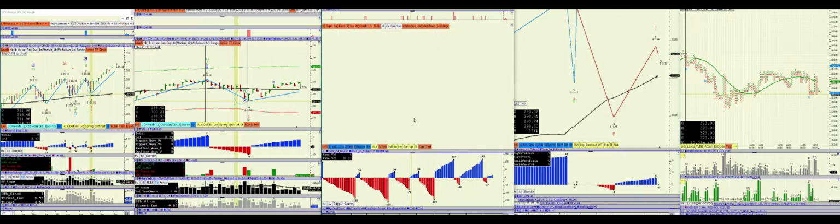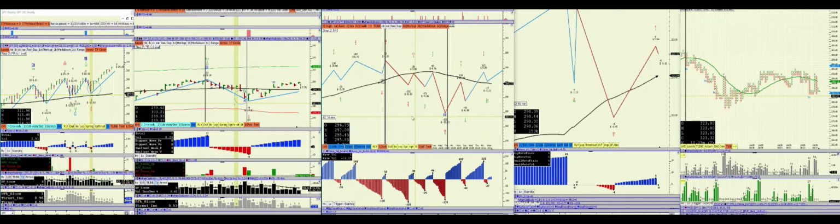Okay, so you notice that up here volume just dried up, right? So up here both price and volume dried up.